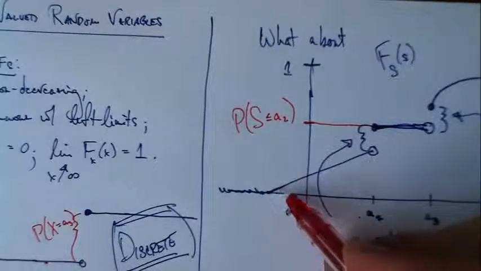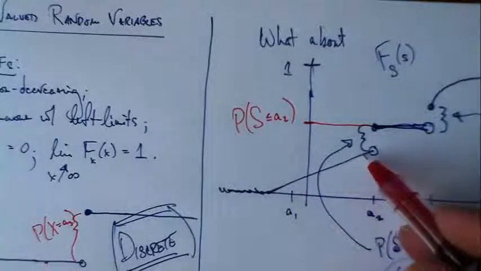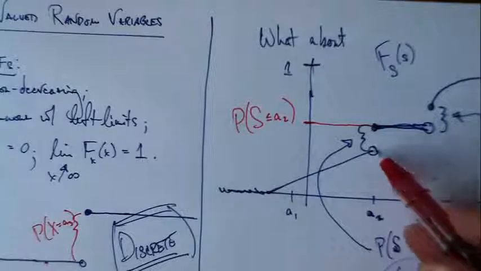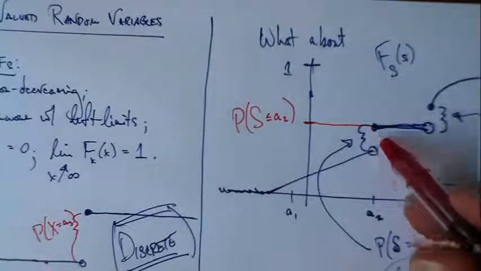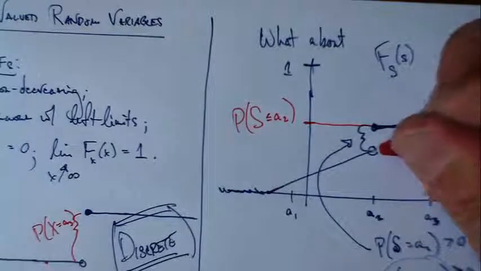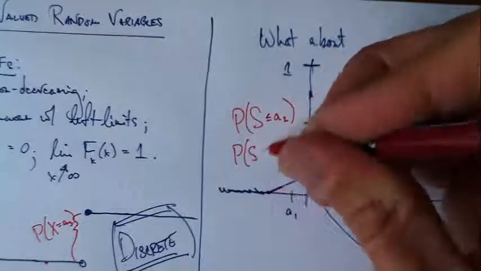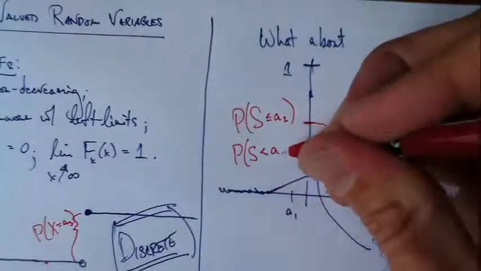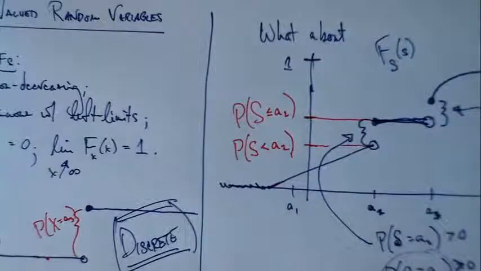All of this is sort of like integrating a density function, and then finally you add just this number here, which is the size of the jump. Now, what is this? This is the probability that S is strictly less than A2. Do you see that?